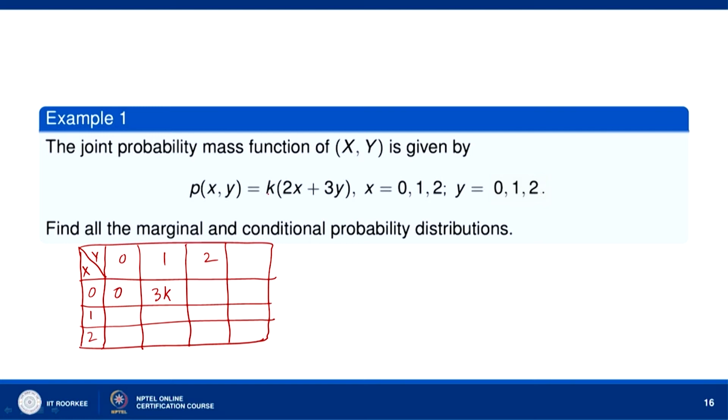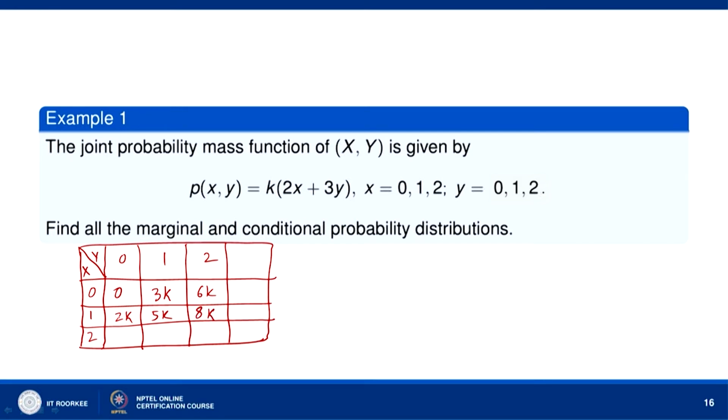When x is 0 and y is equal to 2, we have 6k. When x is 1, y is 0, we have 2k. When x is 1, y is equal to 1, so we get 3 plus 2, 5k. And when x is 1, y is 2, so 3 twos are 6, 6 plus 2, 8k.